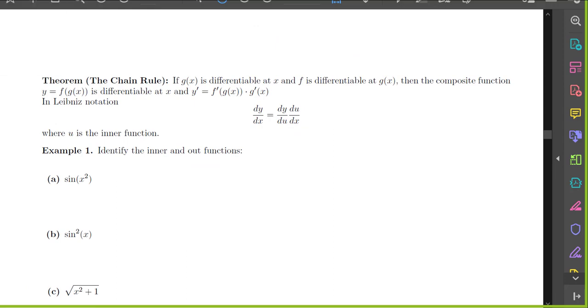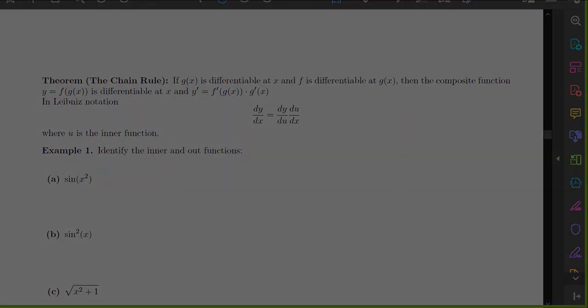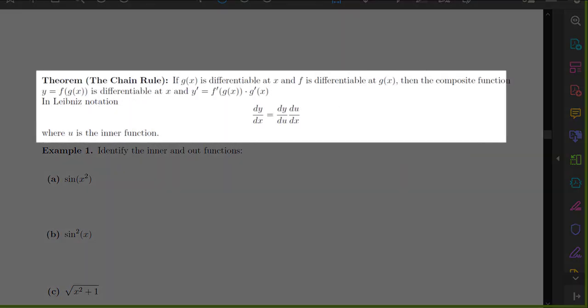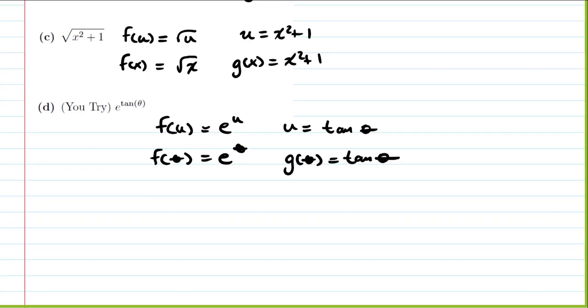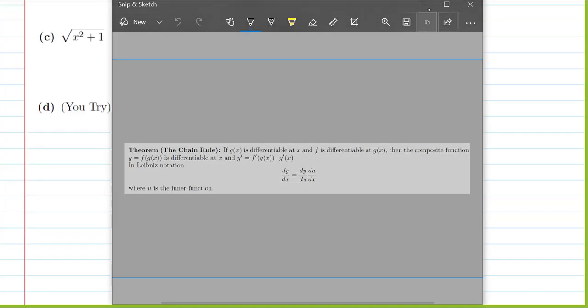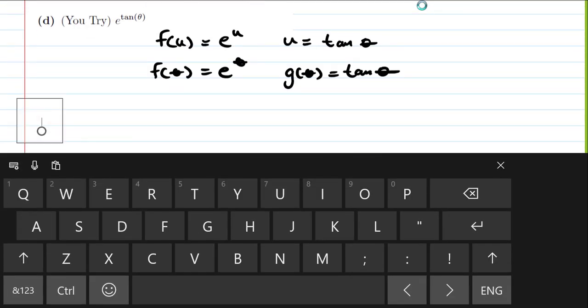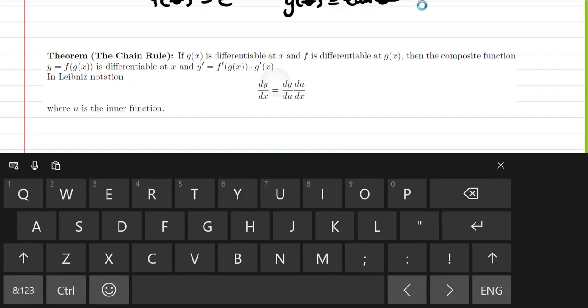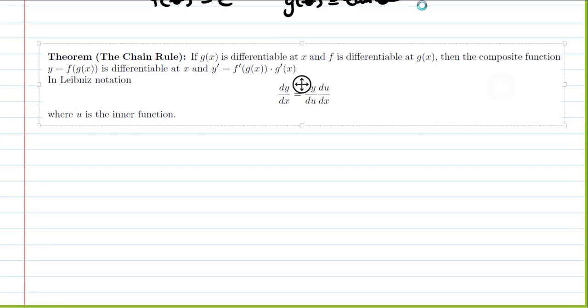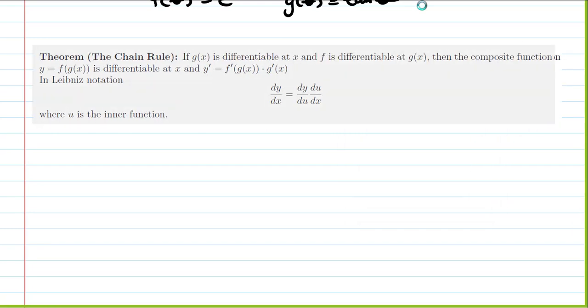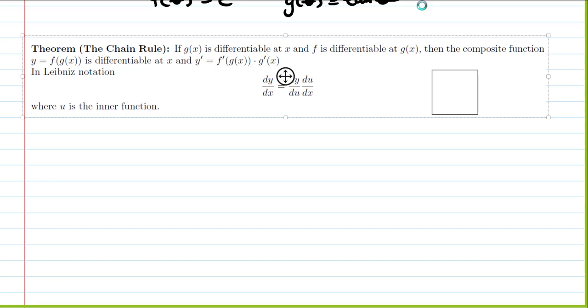So now we are ready for our theorem for this section. And the theorem is called the chain rule.